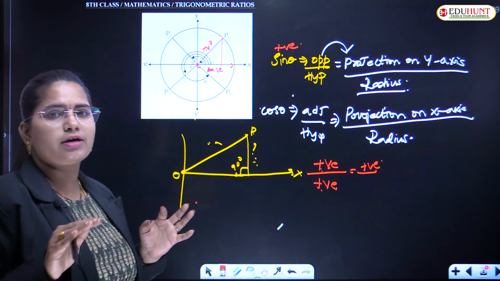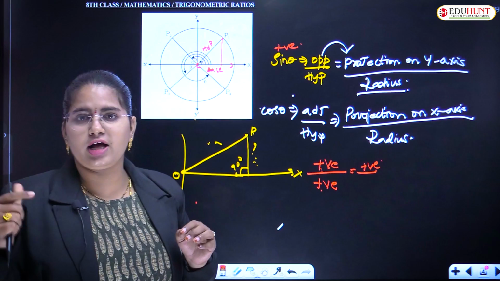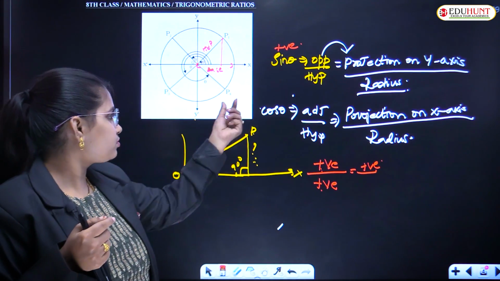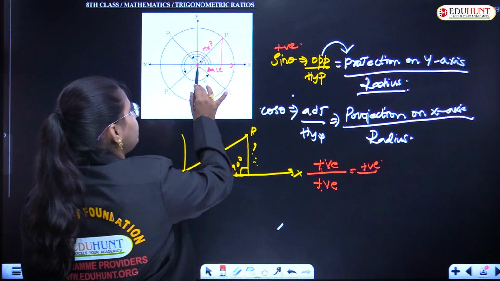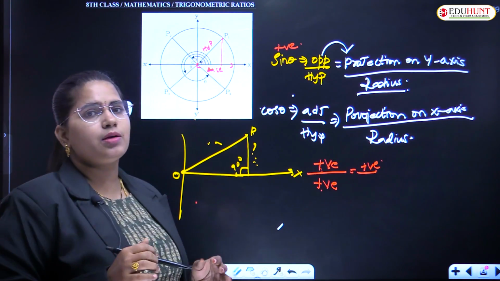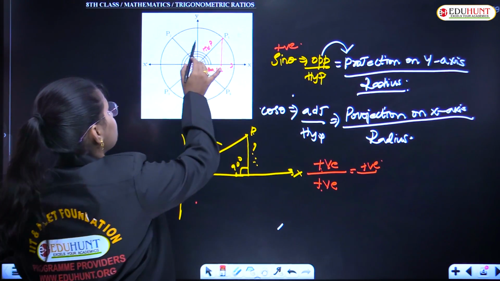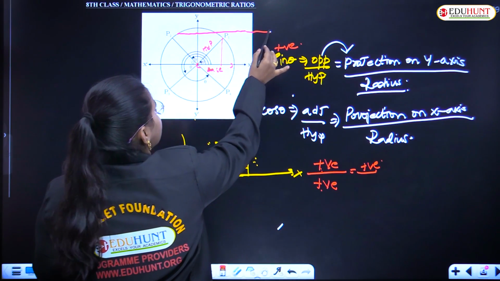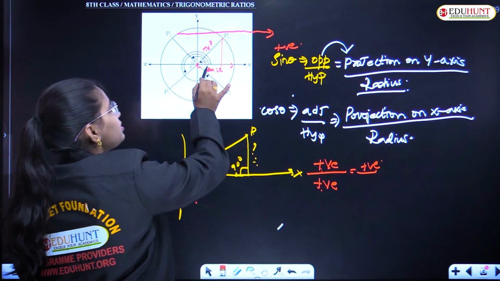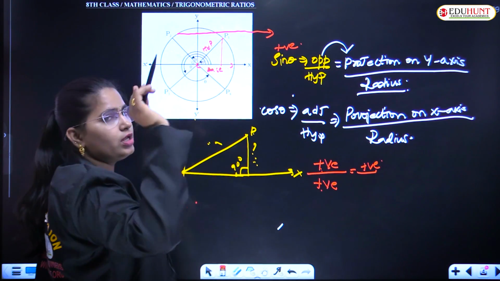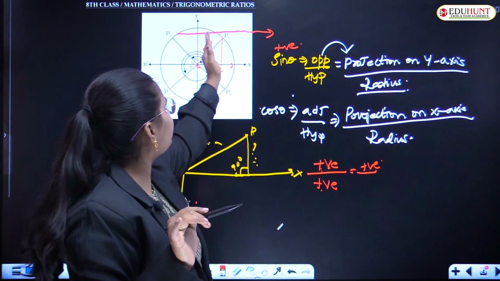Let's get back to cosine. What happens to cosine in the first quadrant? Adjacent side is nothing but projection on x-axis. Projection on x-axis is positive in the first quadrant, so we have the positive side of x.